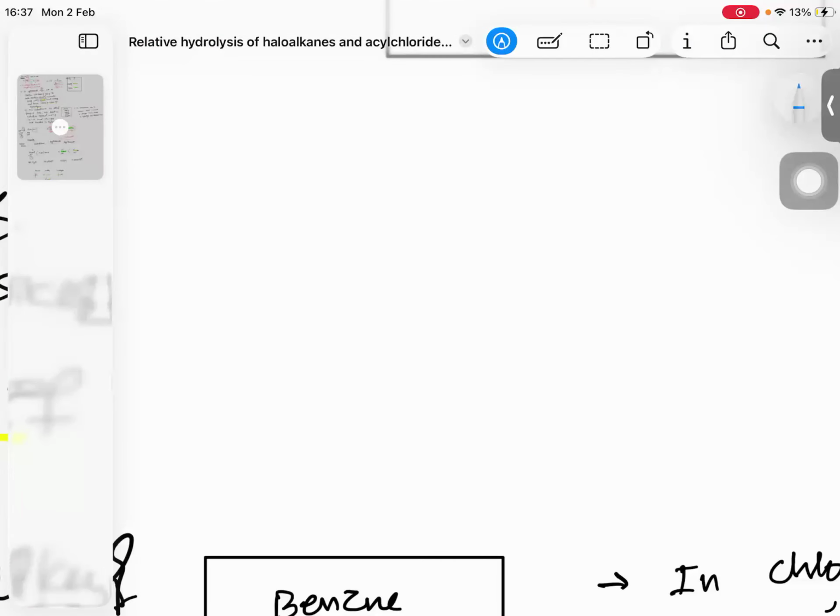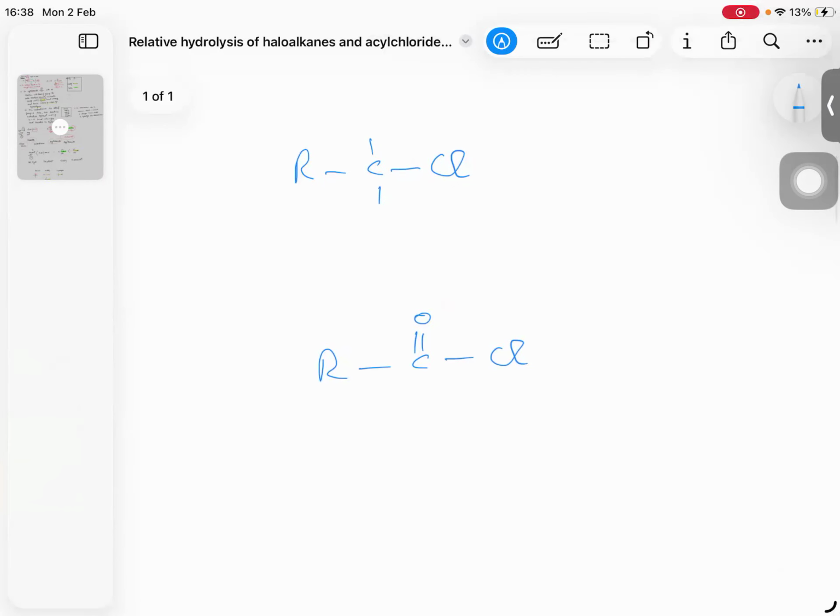Please pay attention. In hydrolysis, for example, if this is a haloalkane, and this is an acyl chloride, and if I compare these two, the hydrolysis is when they react with aqueous sodium hydroxide.